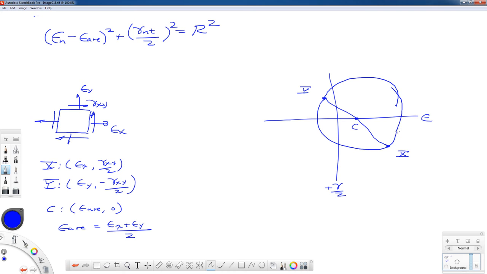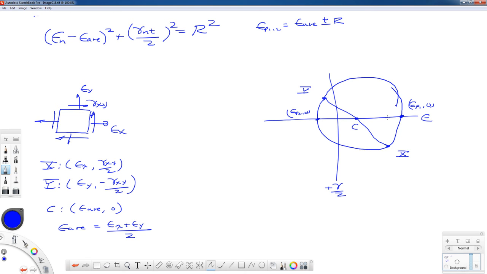It's a pretty sad looking circle, but you get the idea. The points right here are the farthest we can get along the strain axis, and those are our principal strains. Epsilon P1 and P2 are the average plus and minus the radius.